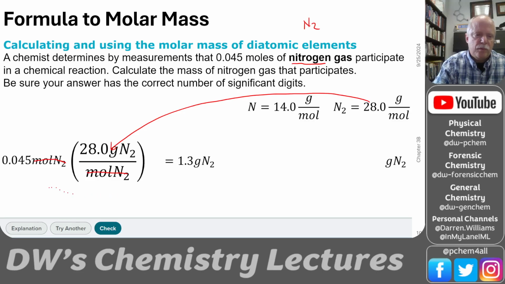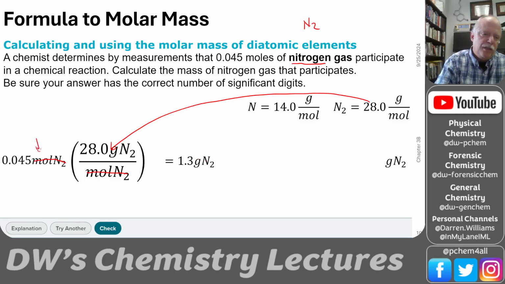1.3 grams. Now, one of the terms that I introduced today is a term that I coined as the way I teach chemistry. These chemical reactions happen in terms of atom to atom or moles of atoms. But in the lab, we measure things out with mass and volume.